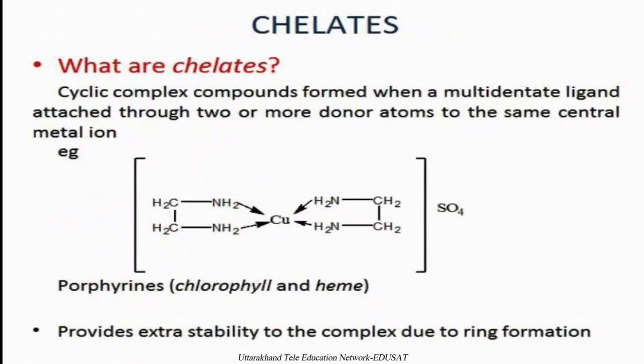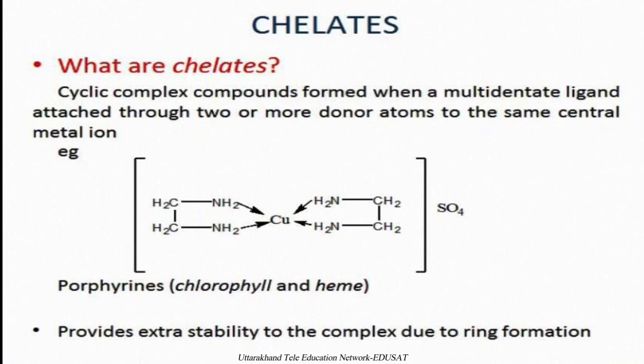What are chelates? Now we will take a few minutes for discussing chelates. Chelates are the cyclic compounds formed when a multidentate ligand is attached through 2 or more donor atoms to the same central metal ion. For example, ethylene diamine. We have discussed it in the previous slide.